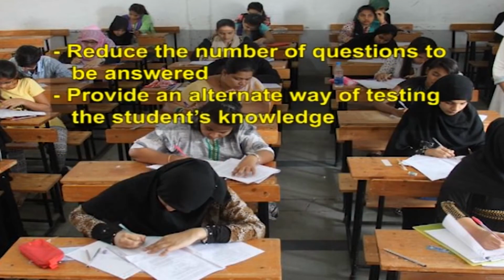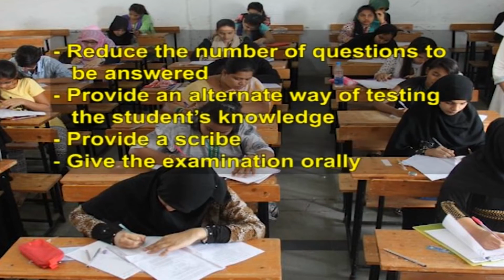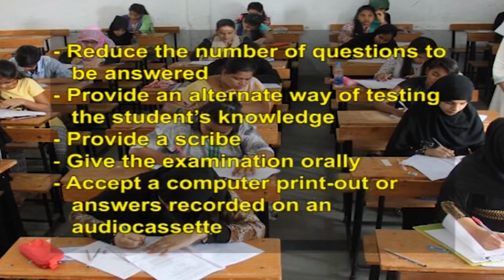Provide an alternative way of testing the student's knowledge. Provide a scribe. Give the examination orally. Accept a computer printout or answers recorded on an audio cassette. To make the best use of their education, students need to be responsible for all classroom and homework assignments.